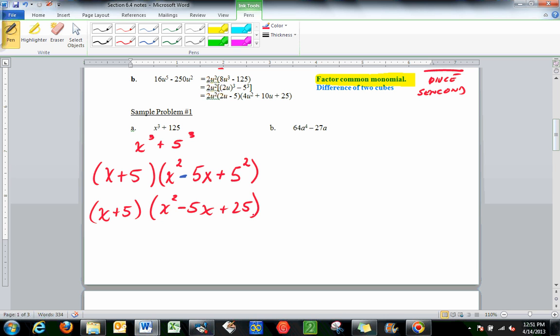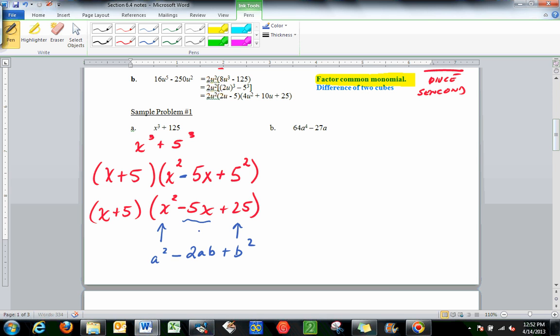Now, let me point something out here. Do not make the mistake of this. You cannot break this up. This looks like a perfect square trinomial because you have a perfect square there and a perfect square there. But in a perfect square trinomial, what you should have is a squared minus 2 times ab plus b squared.